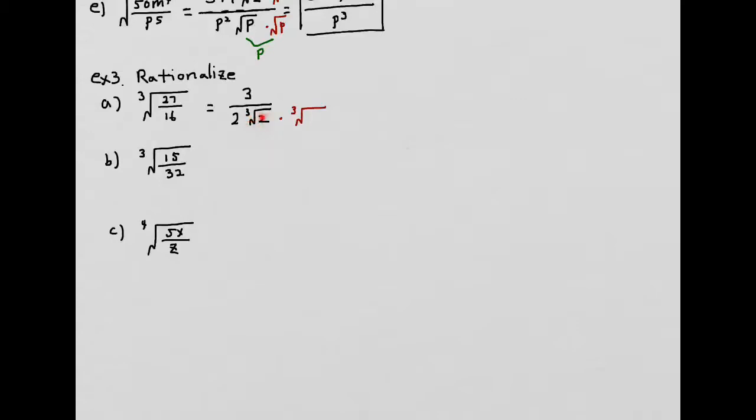So in order to make 3, how many more 2s are you going to need? That's what you're going to multiply. So you're going to need 2 more 2s. So basically you're multiplying by cube root of 4, right? So you're going to multiply the numerator by the same thing, cube root of 4.